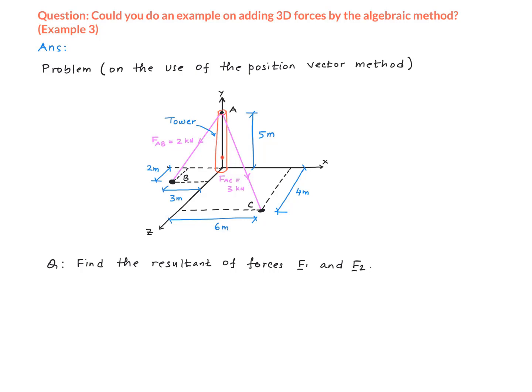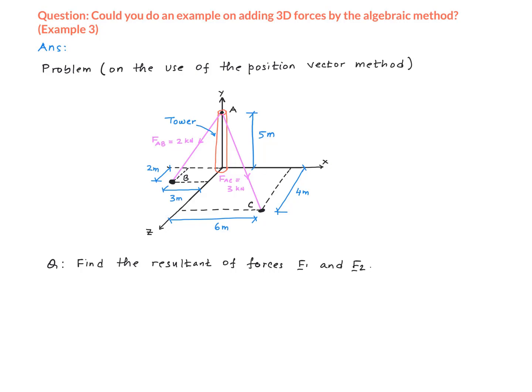We have a vertical tower that is being supported by two cables. The tension on the cable AB is 2 kilonewton and the tension on the cable AC is 3 kilonewton. The force acting at point A by this cable is directed in that direction, and the force acting at point A by this cable AC is directed in this direction.